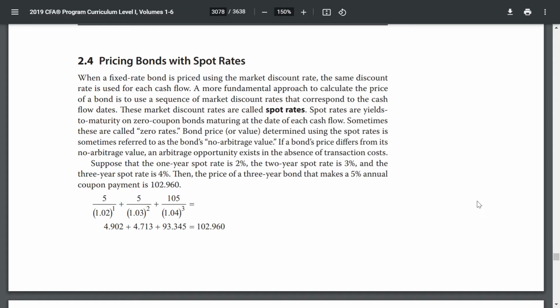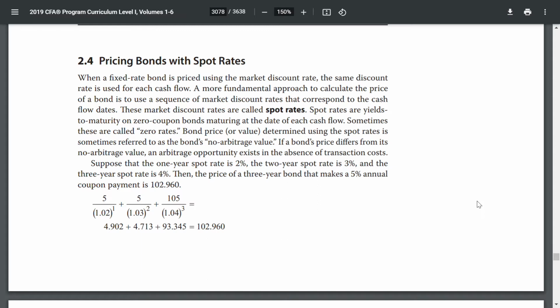Spot rates are yields to maturity on zero coupon bonds maturing at the date of each cash flow. Sometimes they are called zero rates. A bond's price or value determined using the spot rates is sometimes referred to as the bond's no-arbitrage value. If a bond's price differs from its no-arbitrage value, an arbitrage opportunity exists in the absence of transaction costs.